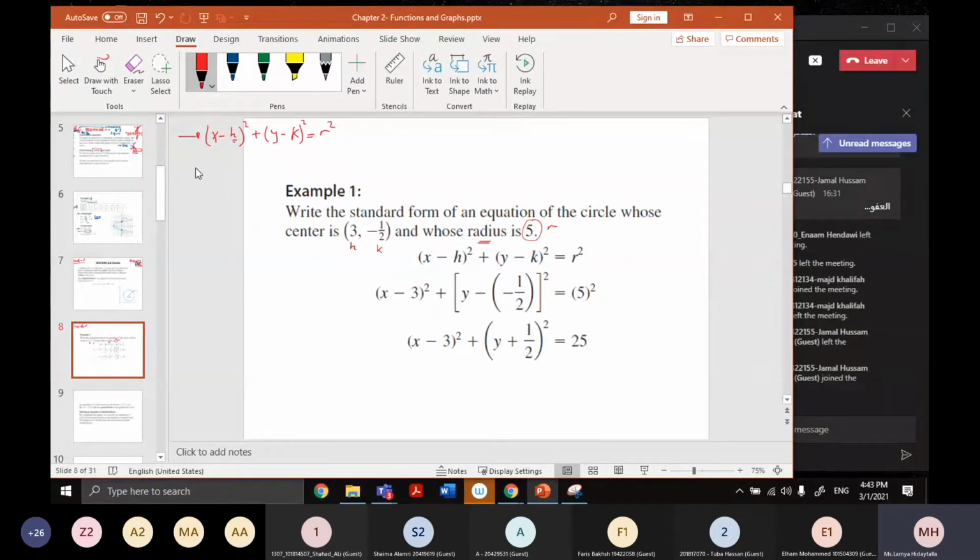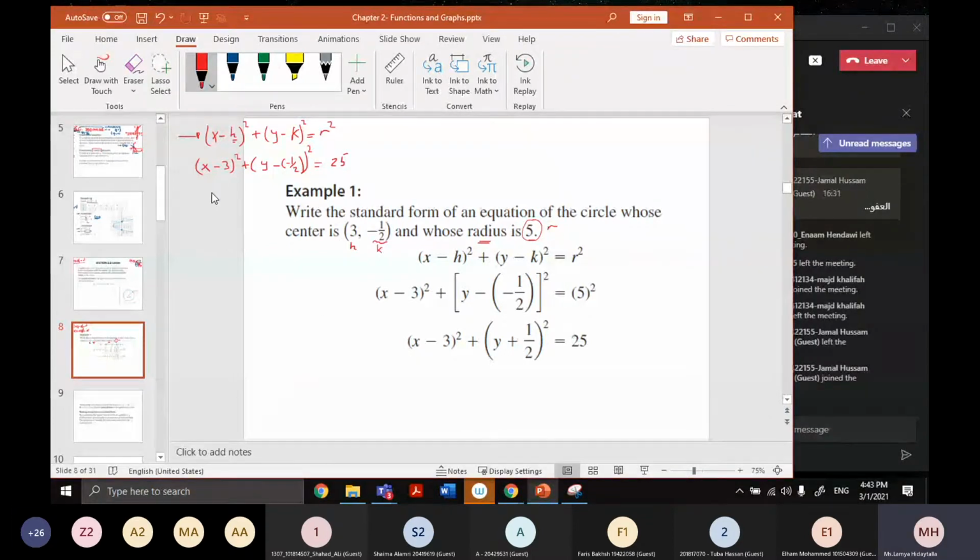So it just remains to substitute. We have x minus 3, the h, the whole square, plus y minus k. What is k? k is minus half. So minus minus half, and then square, is equal to r square. r is 5, and 5 square is 25.